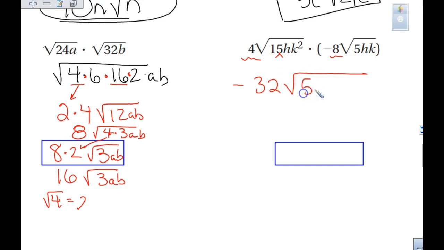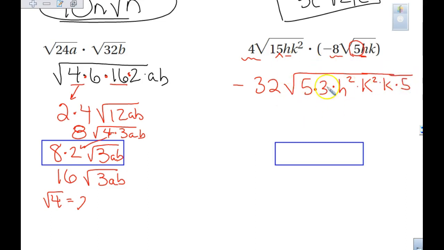So could I just write down 5 times 3? And then I have h here and an h here, which is going to give me h to the second. And I have k to the second and a k. Do I want to multiply those together? No, keep it as k to the second and k, because we're always looking for even powers. And I still have this 5 back here, right? So I still have times 5.